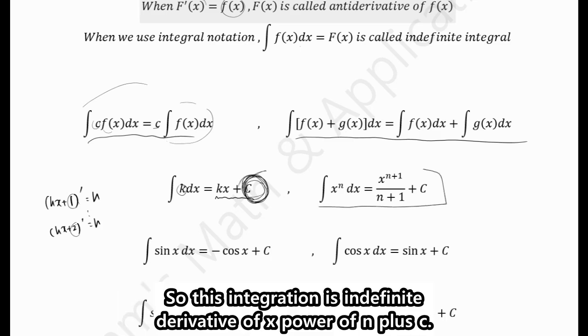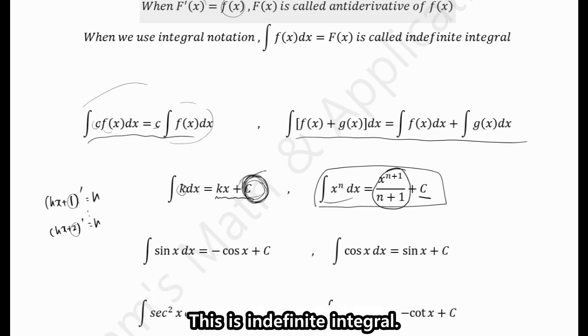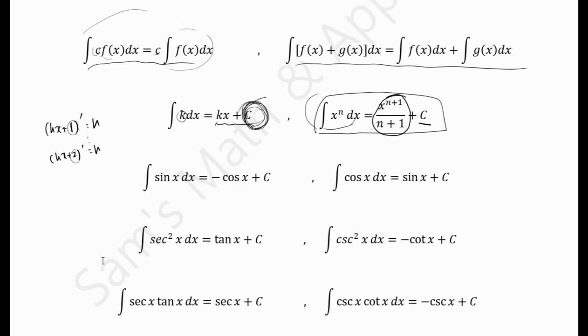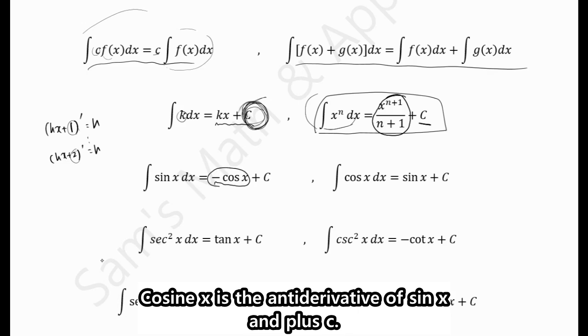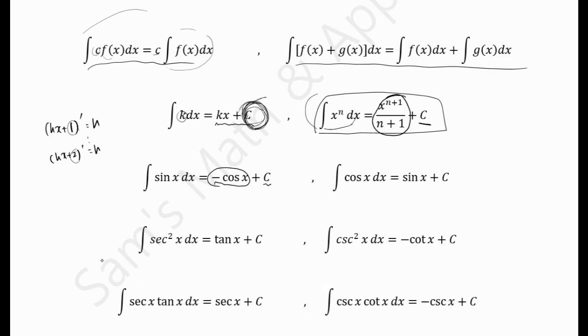So this integration gives the antiderivative of x to the power of n plus C. This is an indefinite integral. The indefinite integral of sin x dx is minus cosine x plus C, since minus cosine x is the antiderivative of sin x. We have to add the constant always.